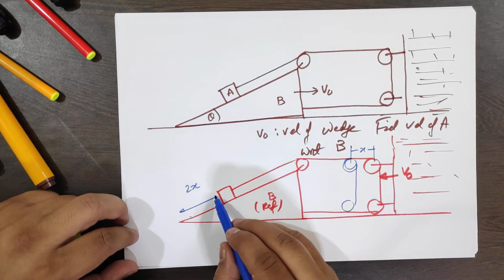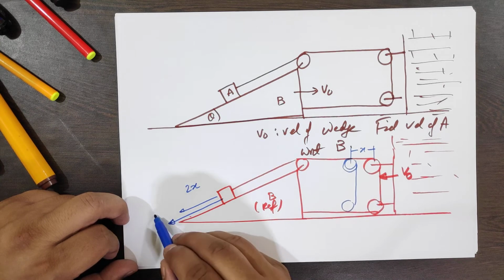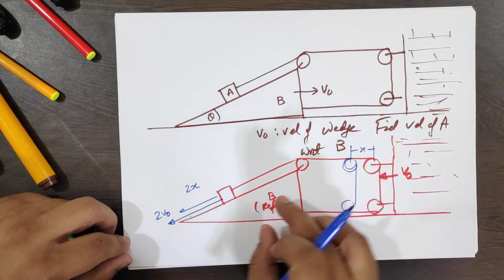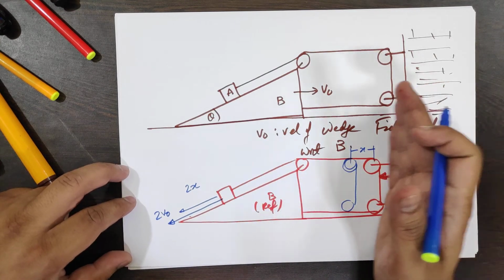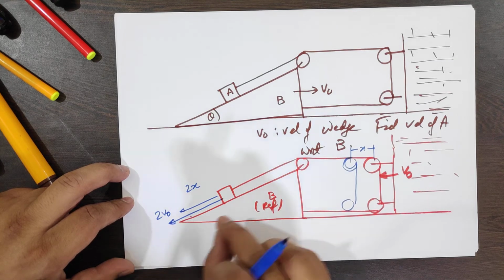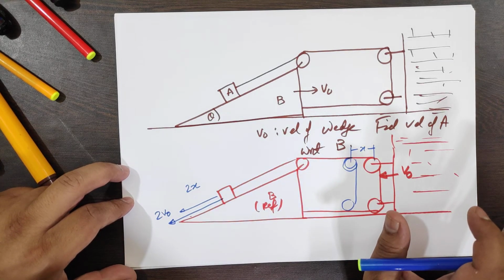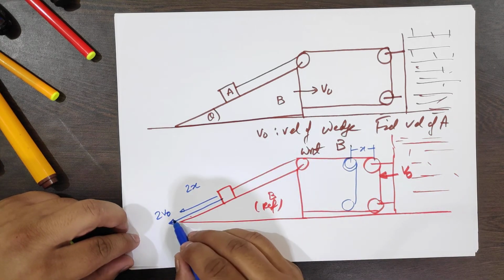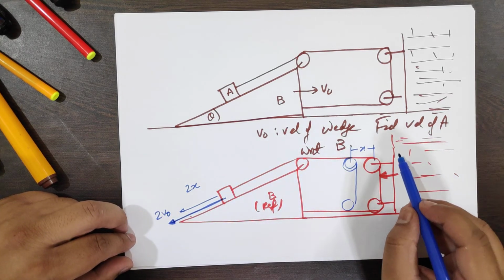That means this velocity will be 2 V naught because of the ratio. If the wall with respect to B moves x, then the block A moves 2x relative to B, all relative velocities. So this ratio, that's okay, right? So that's 2 V naught.